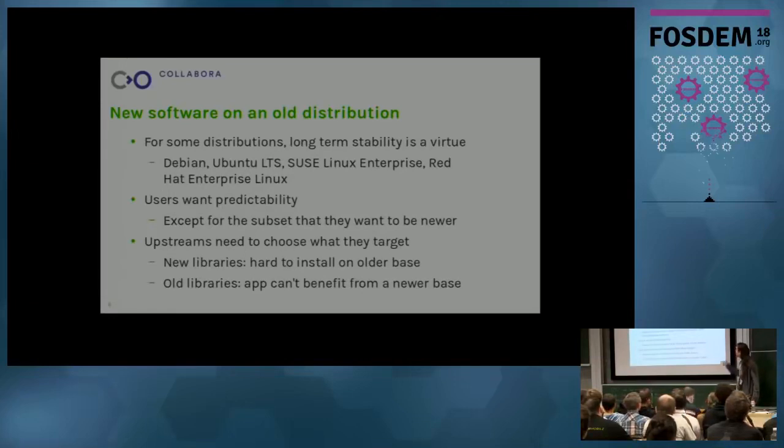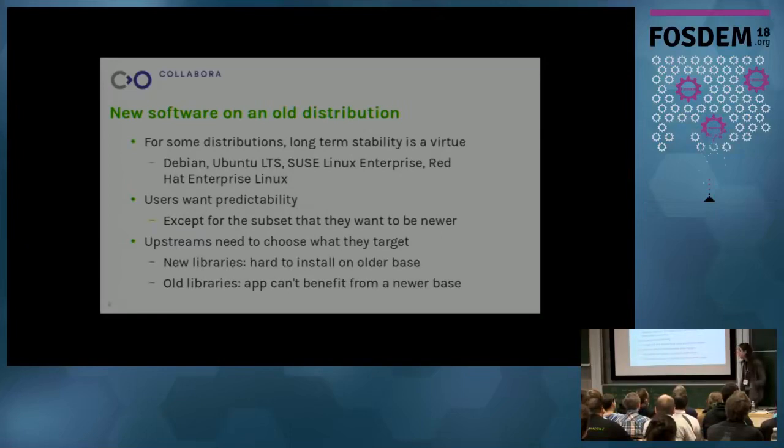So you might be running on one of these very enterprise distributions that's supported for 5 years and it's not allowed to upgrade anything because you want that predictability, but you absolutely need the latest version of maybe Inkscape or something because that's the thing you're specifically interested in.